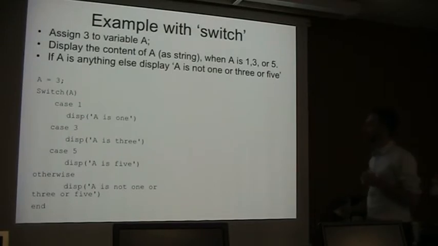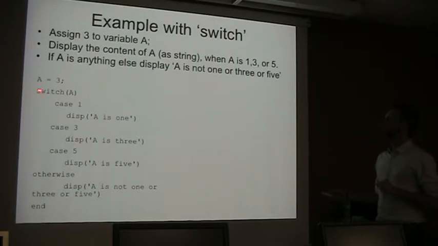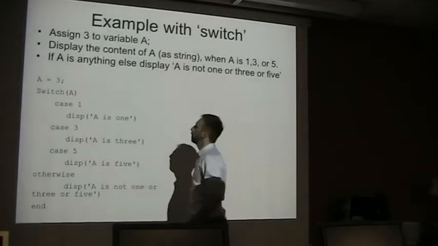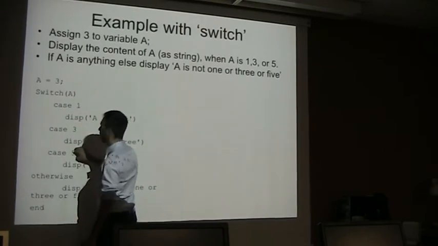The way we do it is like this. So we define a, for example 3. Then we have to write switch, not capital, so in small caps, switch of a. Then we give the cases 1, 3, and 5. So you see we put the options already here.